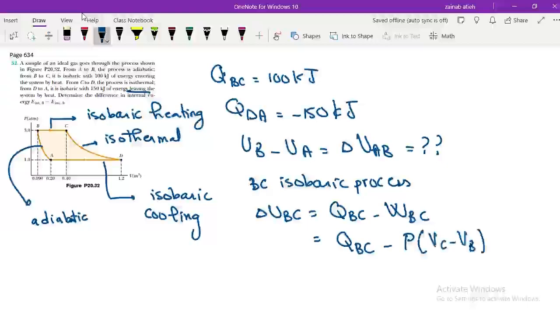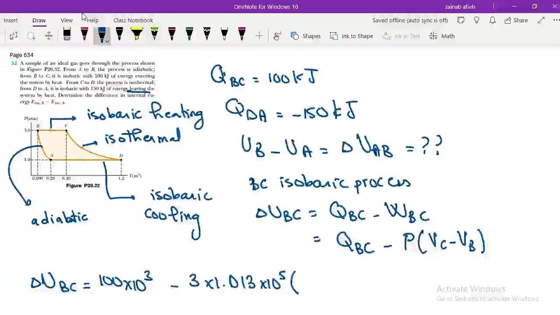So now let's substitute. Delta U BC is equal to 100 times 10 to the power 3 minus, I look at the pressure, it's 3 atmosphere. Atmosphere is not the SI unit, so I have to multiply by 1.013 times 10 to the power 5, this is an SI unit. Then VC minus VB, VC is clear to be 0.4 minus VB, it's clear to be 0.09.